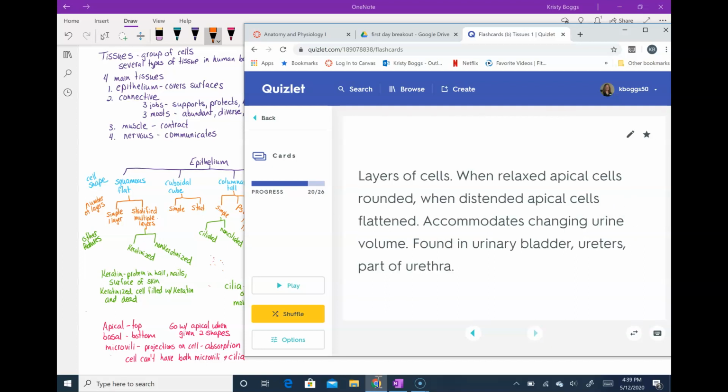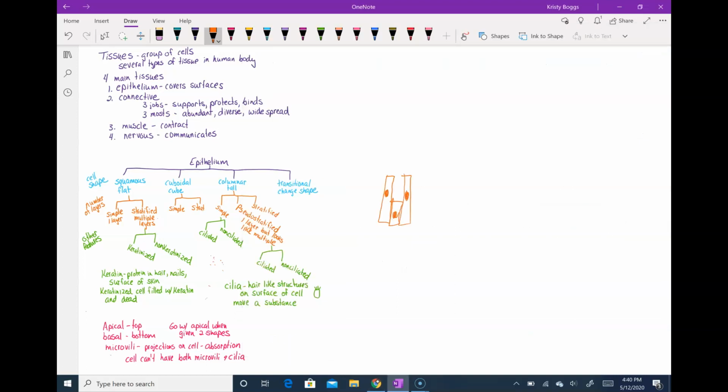Okay. Layers of cells. When relaxed, apical cells rounded. When distended, apical cells flattened. So notice what's going on here. The apical cells change shape. They can either be rounded or flattened. This is our transitional.